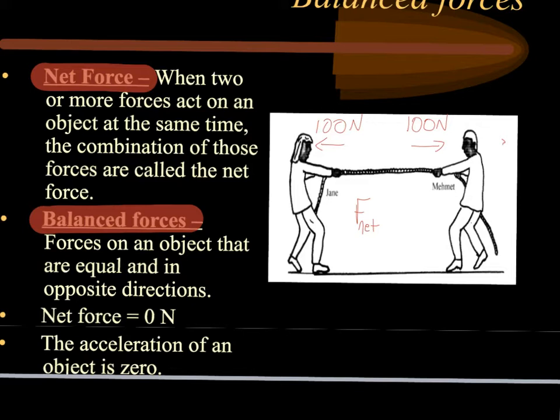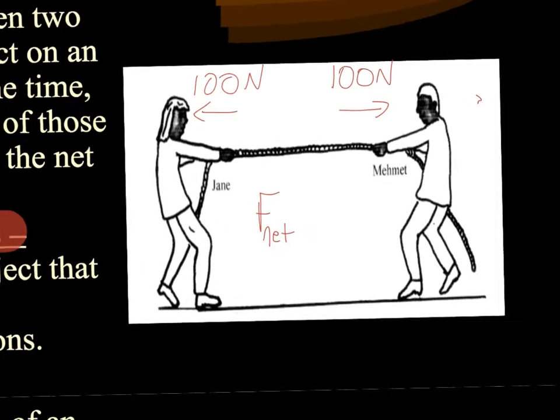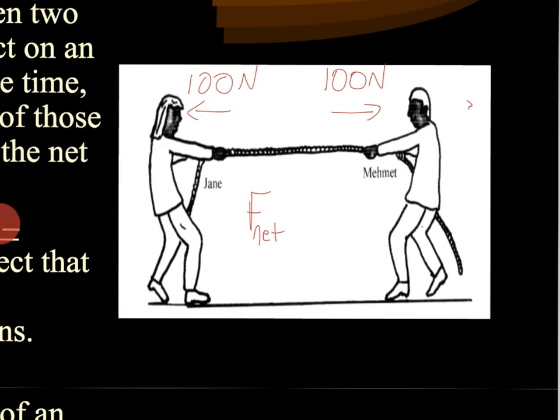So here's an example of a balanced force. I have good old Jane and Mehmet pulling on a rope, both pulling with 100 newtons of force. Mehmet's pulling with 100 newtons back at him. Jane's pulling 100 newtons back at her. So since force is a vector, our net force is going to be 0 newtons.